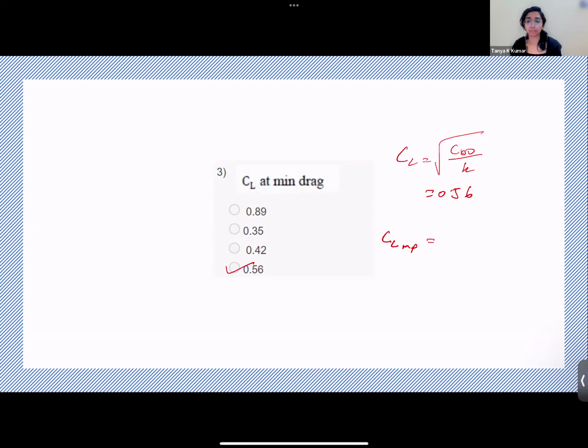CL for the minimum power condition is under root 3 CD naught by K. Yes. So these are the ones that you need to remember that will be used throughout these questions. Okay, let's go on to the next question.